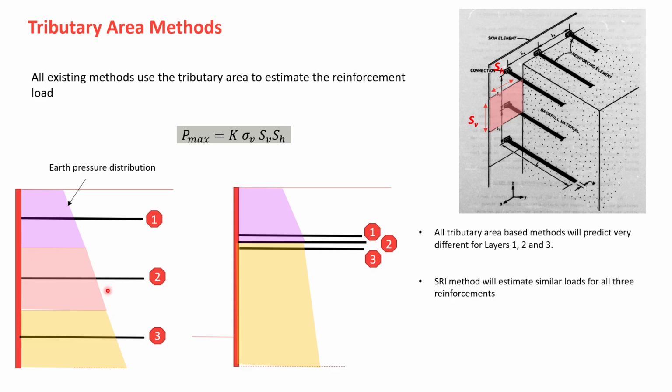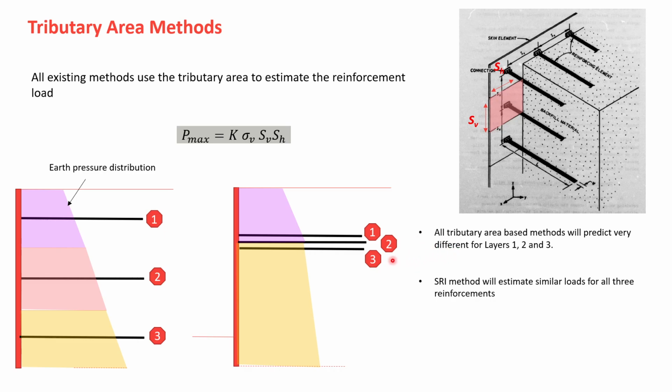So this is a hypothetical case, but you can even do numerical modeling and see what's happening. But the difference between the tributary area method and the method that I just explained is that with the SRI method, you'll predict the same reinforcement load for all 3 layers.